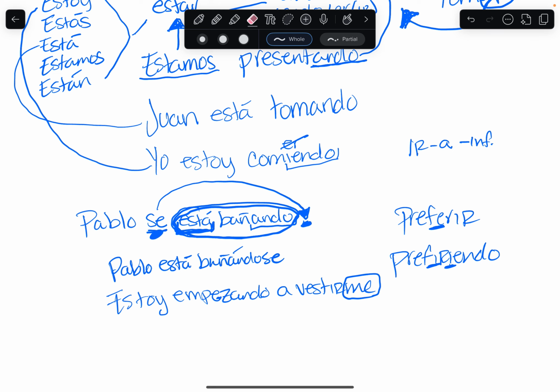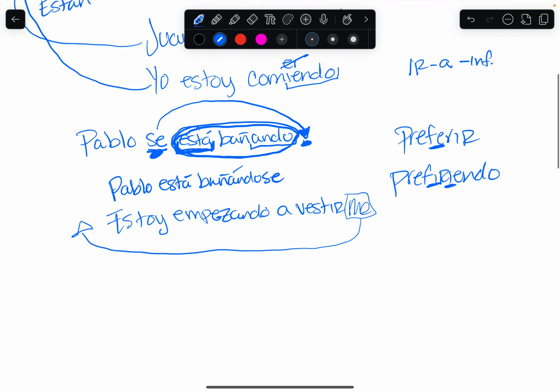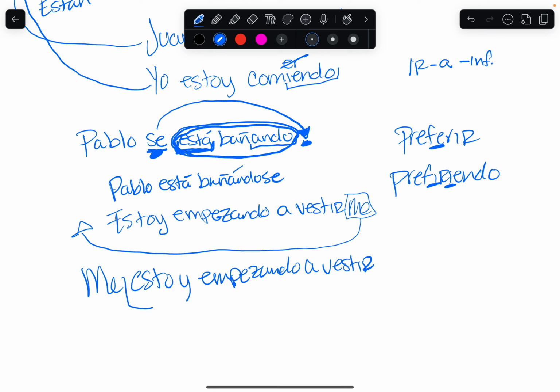I'm sorry, I couldn't think of the word. So the reflexive pronoun can go either here or here. So my other sentence can be me estoy empezando a vestir. Estoy empezando is your present progressive. This is your reflexive pronoun.